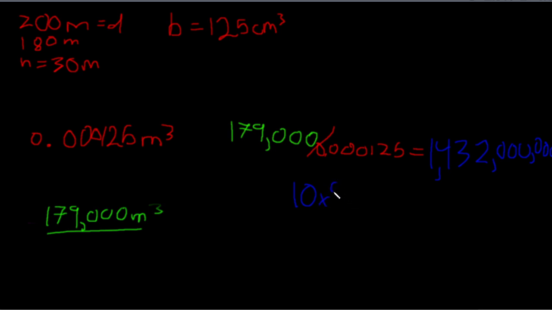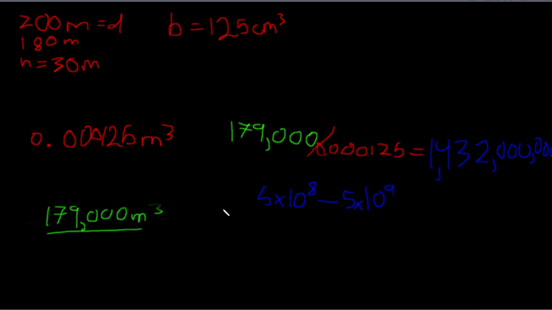Since we're estimating pretty heavily, let's say the range is 5 times 10 to the 8th, or 500 million, to 5 times 10 to the 9th.